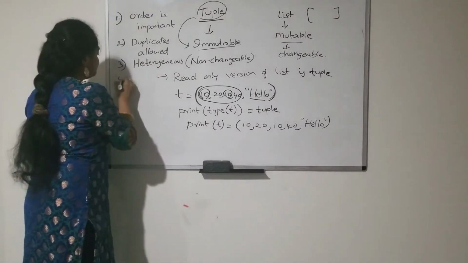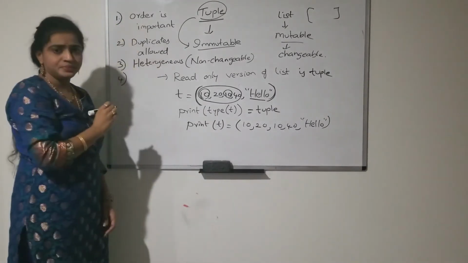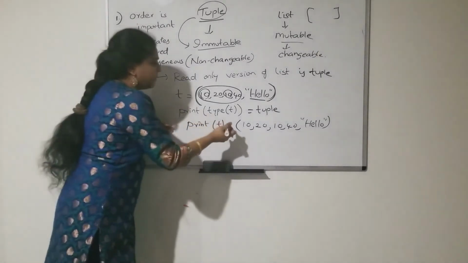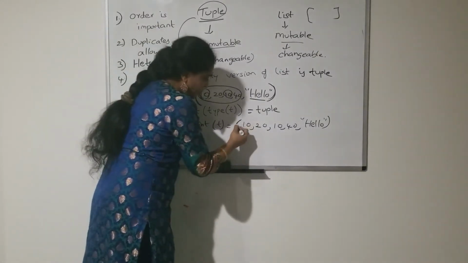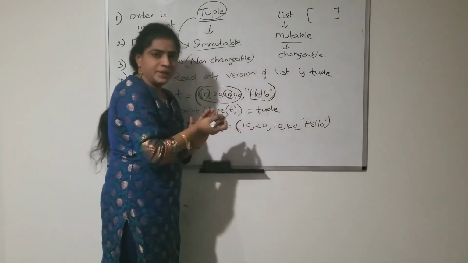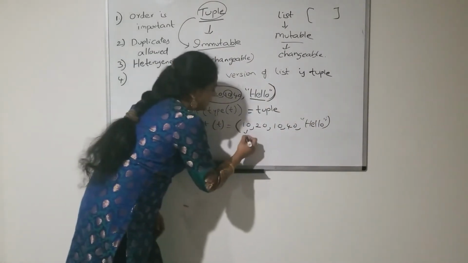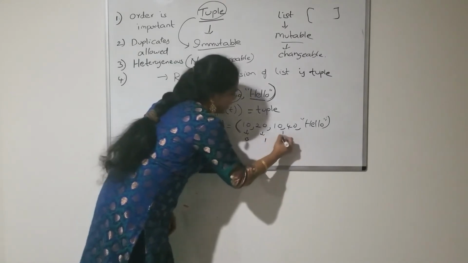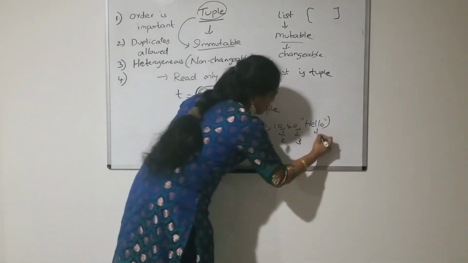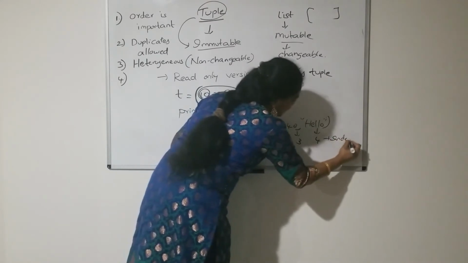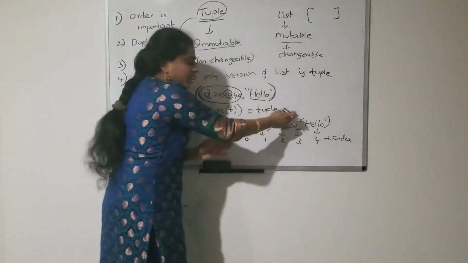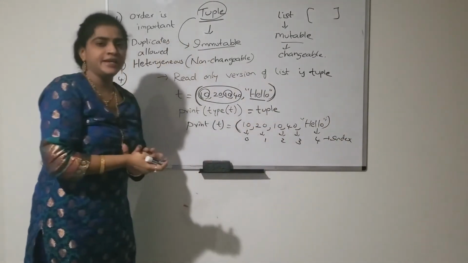Next one is, as order is preserved, suppose if you want to access the tuple elements, we can access by using index. That means it is 0th index, 1, 2, 3, 4. These are the index values. We can access the tuple elements through these index values.